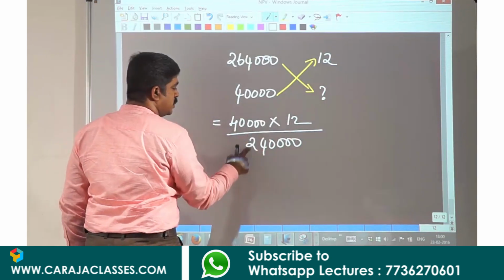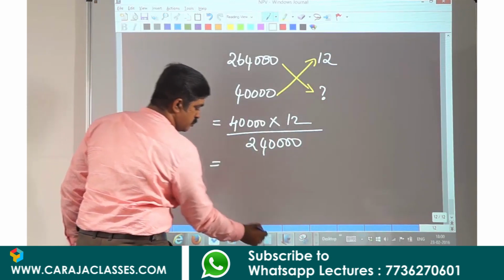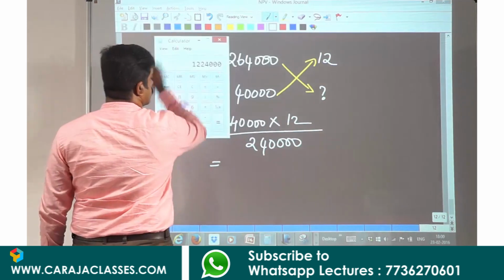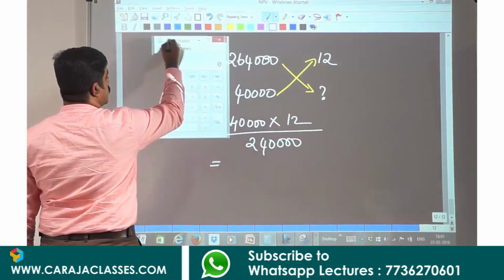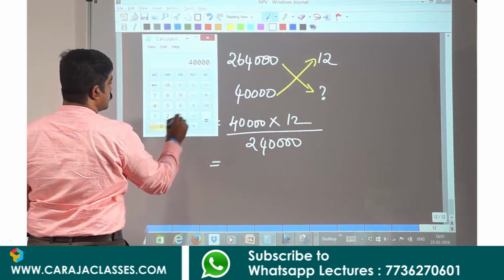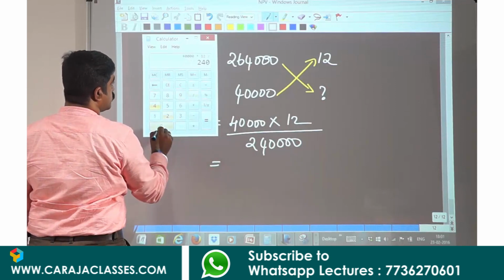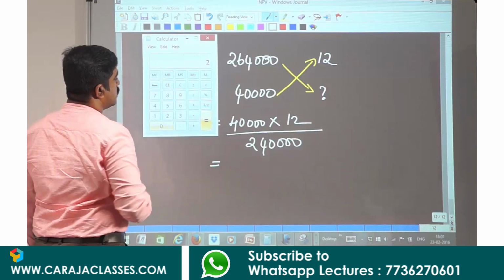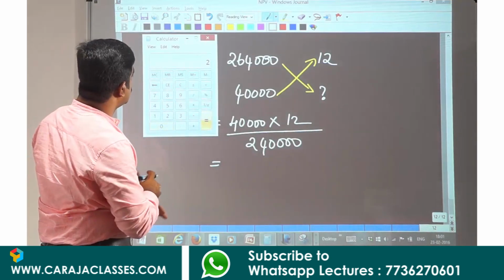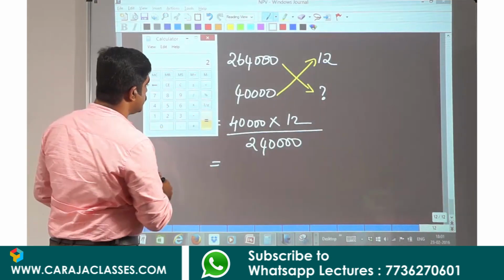Let me make use of the calculator. 40,000 multiplied by 12 divided by 2,40,000. And it tells me 2 months.